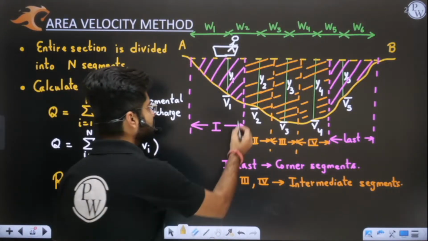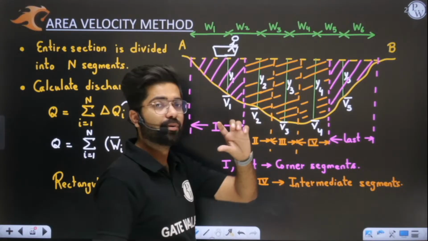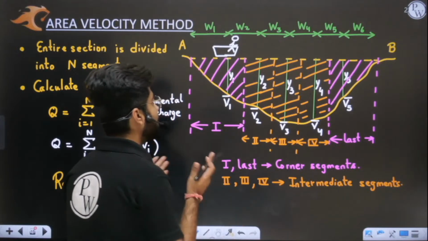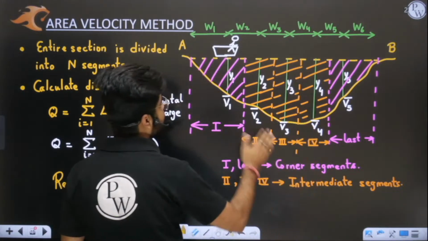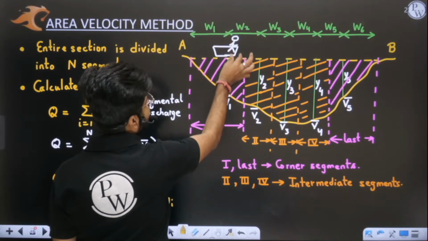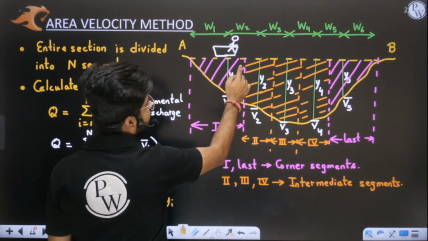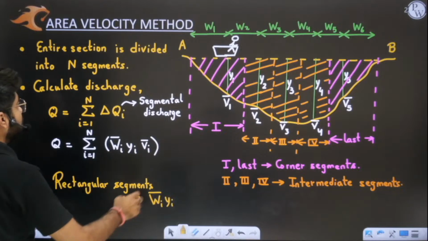You all know that this is obviously rough in shape. Some line will be here and there, but no worry, we are just approximating our answer. Sir, what are we assuming? We are assuming all these are rectangles with average width. See, actual width is W1 plus W2 by 2, but this is not a rectangle. So in order to convert this to a rectangle, we have used these formulas.